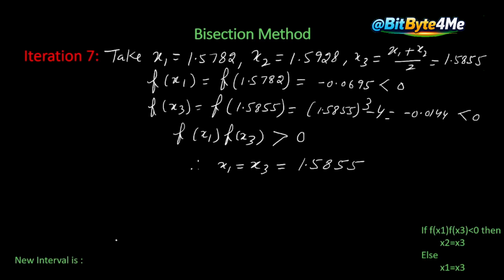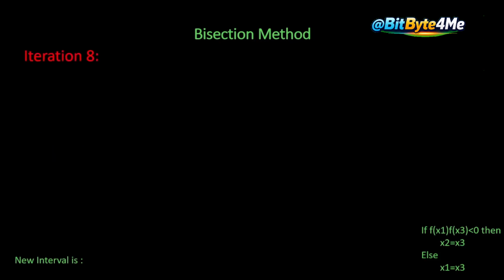So the new interval will become 1.5855, comma, the value of x2 will remain the same, 1.5938. So these two values will be taken, this value as x1 and this value as x2, for the next iteration, which is the 8th iteration.